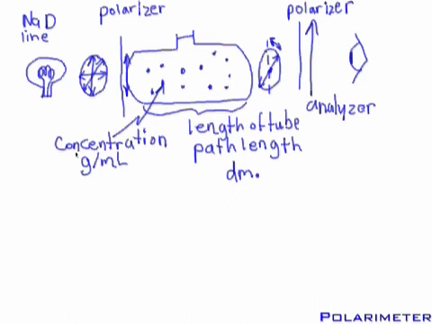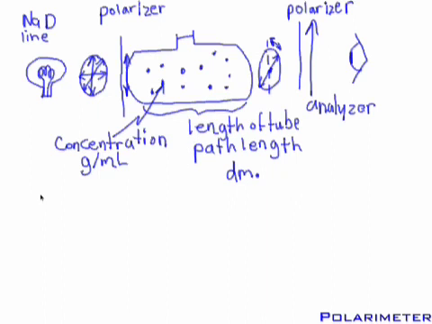And you should know those two variables are important because the amount of rotation you're going to get in this system depends on how many molecules it hits. And how many molecules the light beam hits as it's traveling through depends on the concentration. And the longer the tube is, the more the light is going to run into molecules. The more rotation you get. So those two variables affect how much the light's going to rotate.